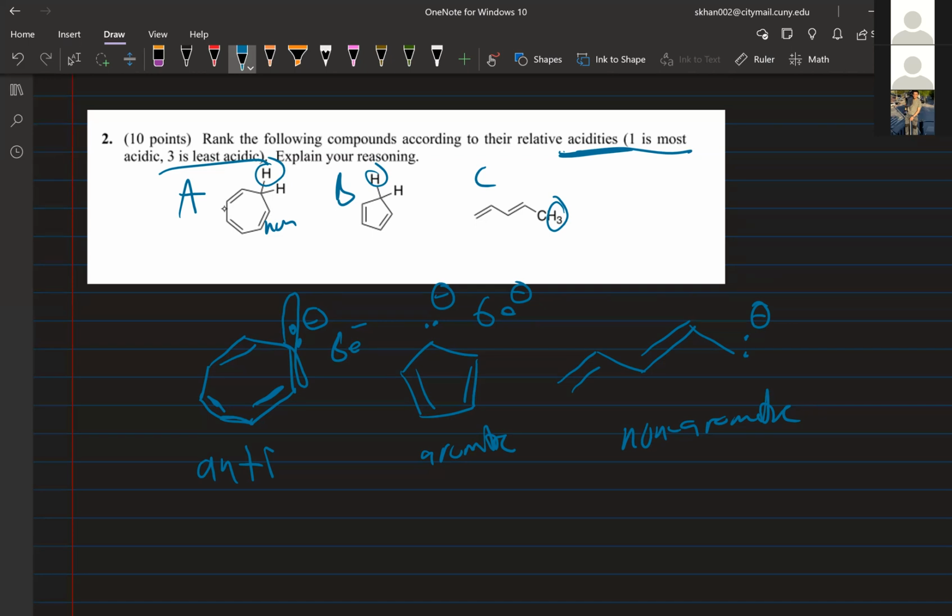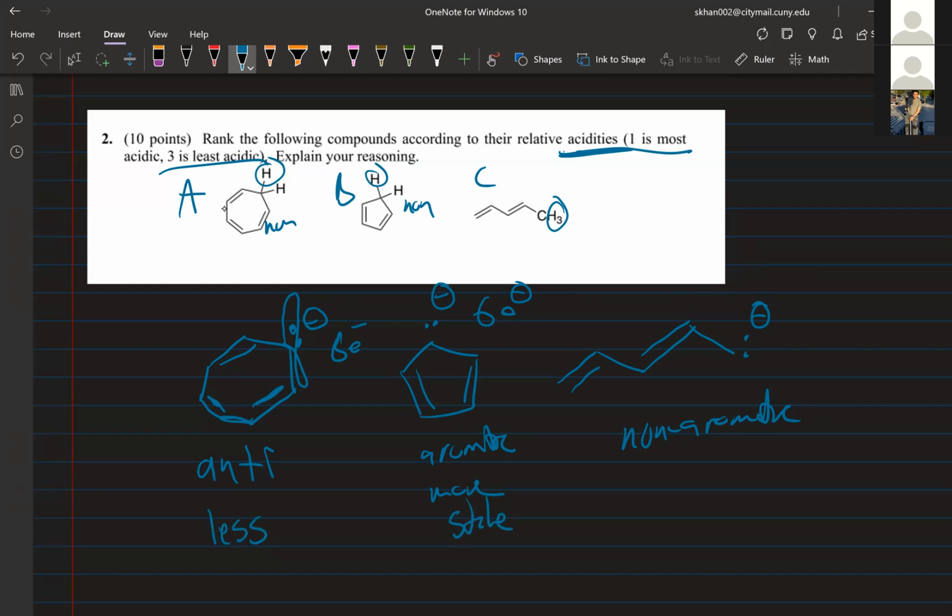Now let's compare it to the second one, B. This is non-aromatic right now, and it's going to an aromatic. So when we remove the proton, we're making this a lot more stabilized. It's getting lower in energy because it's aromatic stabilized now. So this conjugate base is going to be more stable.